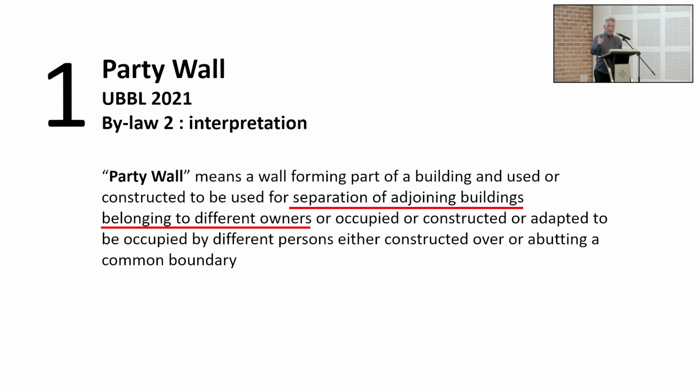All constructed or adapted to be occupied by different persons, all constructed over or abutting a common boundary. You see, a party wall here is a legal definition. It is a wall first physically separating adjoining buildings, but more importantly, for it to be called a party wall, it is actually separating different ownership or different legal tenancies.